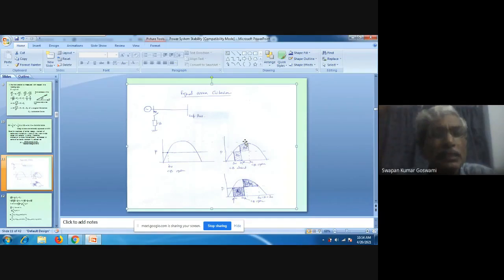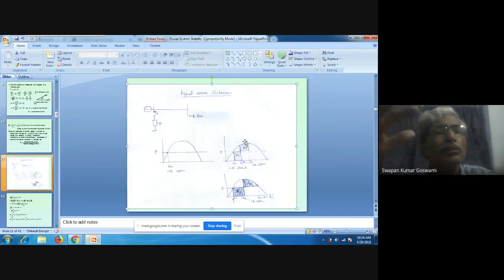Only it is the generator which is responsible for increase in speed or decrease in speed. Any disturbance is only responsible. Other swings are not important to us because we are considering a situation when a generator is connected to an infinite bus. So since the generator is connected to an infinite bus, there is no other rotating mode there.